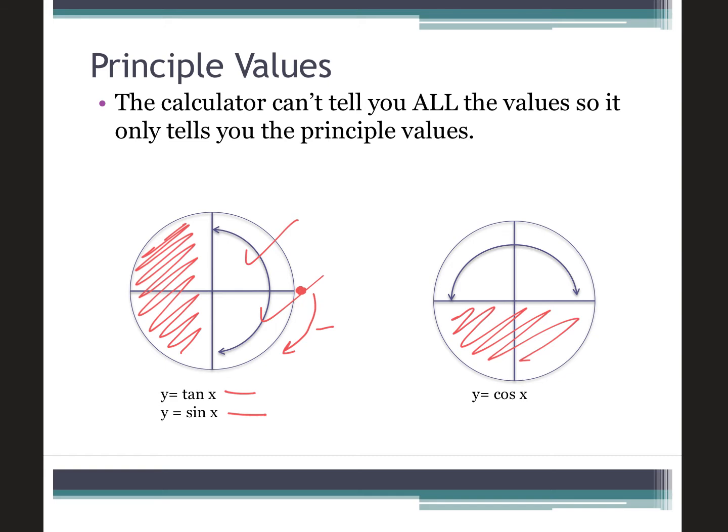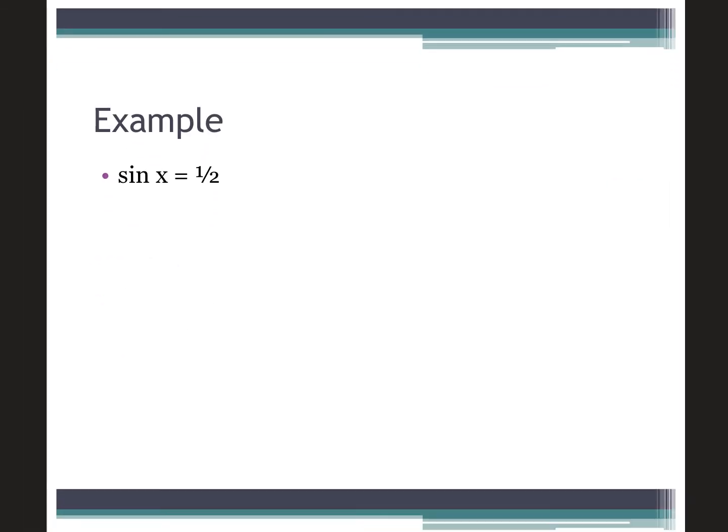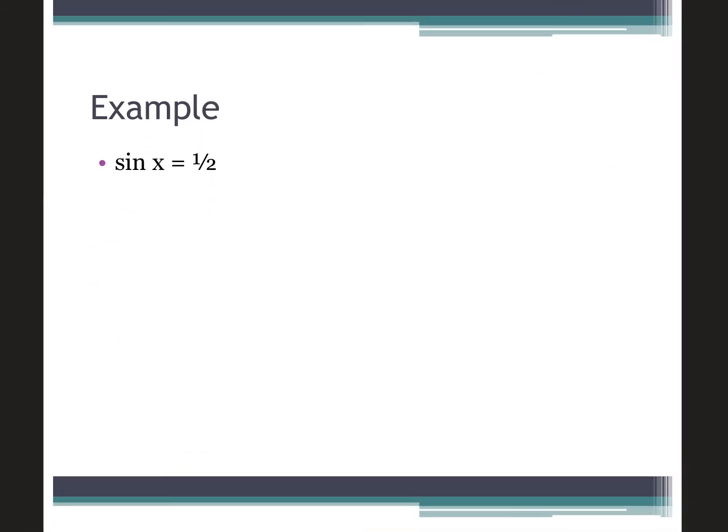All right, so let's scoot this up. Let's try another one. You may see this notation. It's not as common, but I just don't want you to be thrown off if you do see it. So this is saying, let's find an angle within the correct quadrants. And for sine, I'm allowed to look here and here that has a sine value of 1/2.